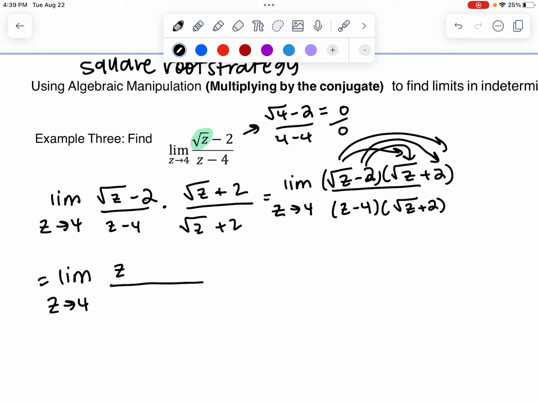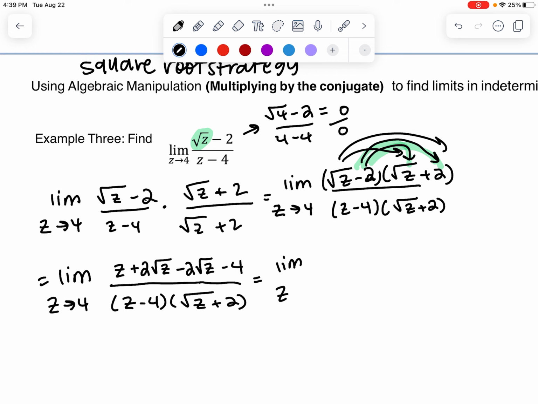The square root of z times 2 is plus 2 square root of z. Negative 2 times the square root of z is minus 2 square root of z. And then negative 2 times positive 2 is minus 4. And again, I'm trying to cancel out a factor on the denominator, so I'm not going to lose our factor pairs.